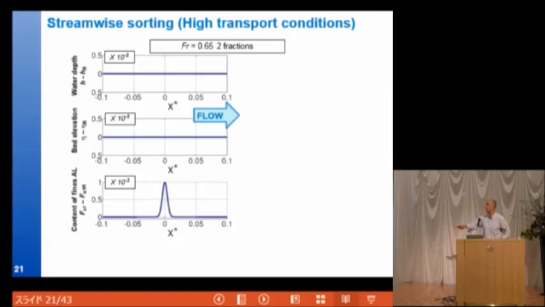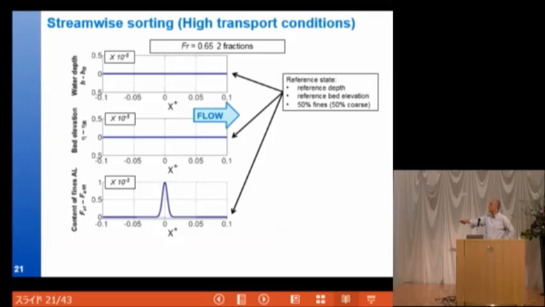Then let me go to this example. So now I have a flat bed and a flat water depth on top of that. And I have here a reference of 50% fines and 50% coarse in the bed. I perturb the distribution a little bit.